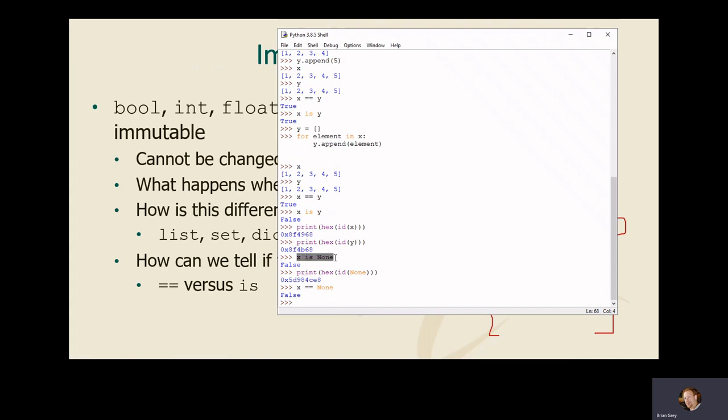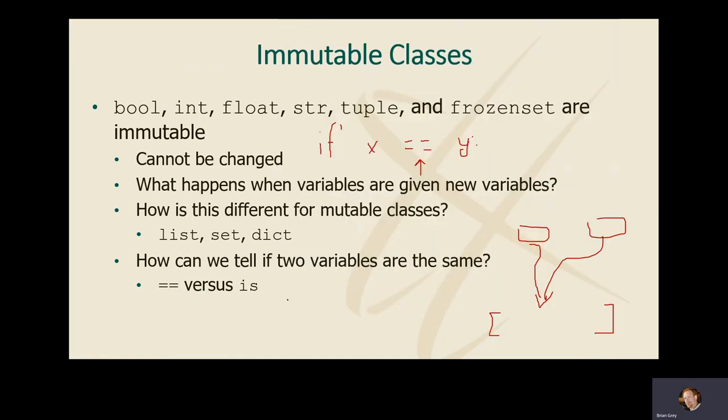But this is the more logical way. And when we see how this is implemented behind the scenes, how this is actually a covert method call, this will make more sense, especially if X is None. Because how do you call a method on None? Right? Something to think about.